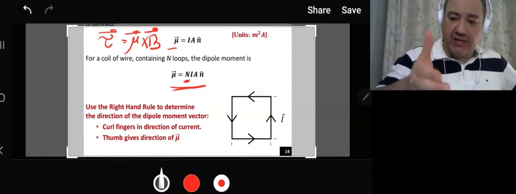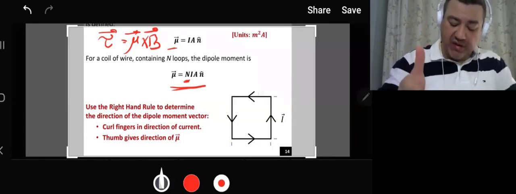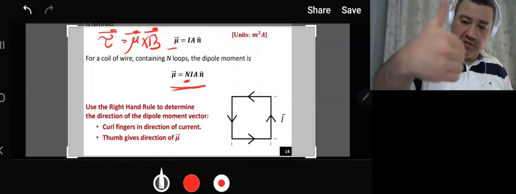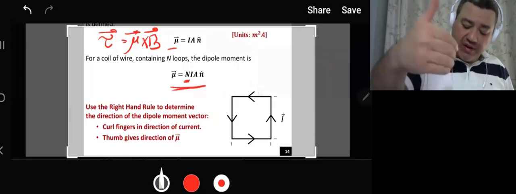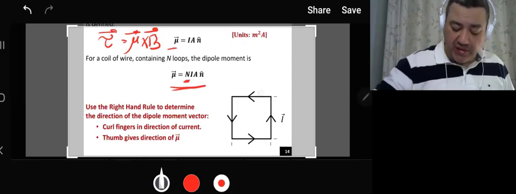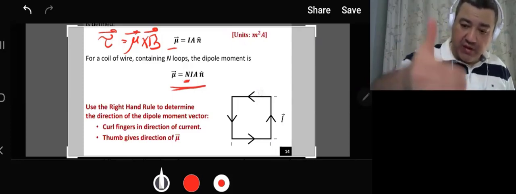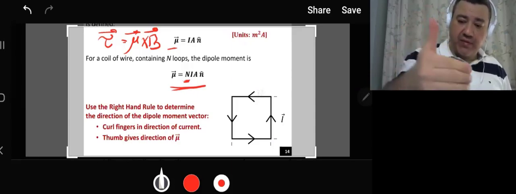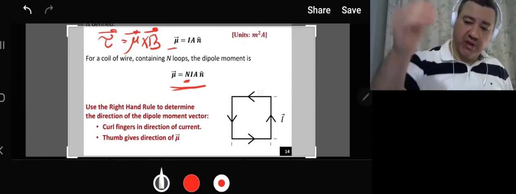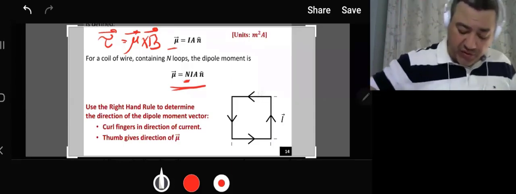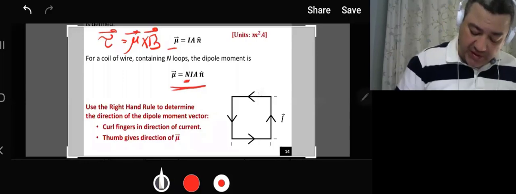So in this case, if I'm looking at the screen right now, I see that the current is going counterclockwise. If the current is going counterclockwise, then the thumb defines the direction of the magnetic field generated, or the magnetic dipole moment for that loop. So I have here going counterclockwise, which means going this way. Then I have the normal unit vector pointing up. We will see this one in the coming slides.